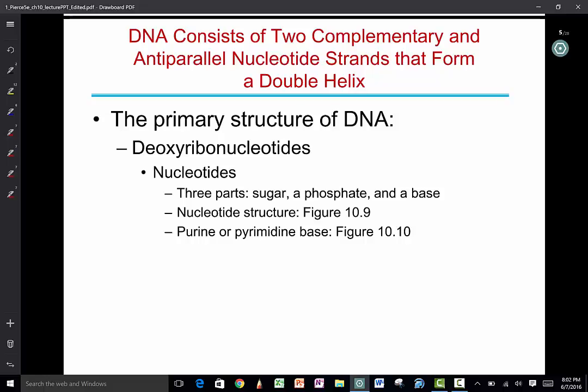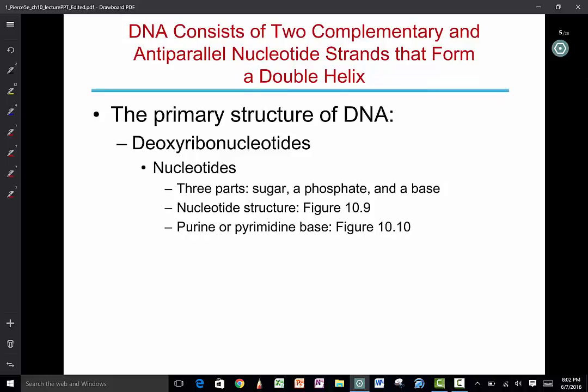I'm not sure exactly how I'll make you draw that out, but in life in general, you should be able to draw out nucleotide structure. Nucleotide structure looks like this: you have a sugar, you have a phosphate, and you have a base. I'll show you the more detailed structure of this in a little bit.